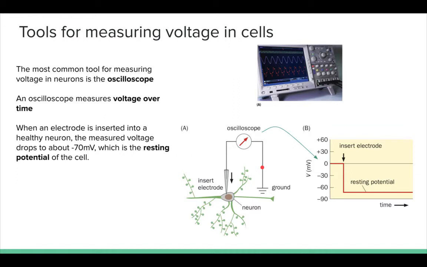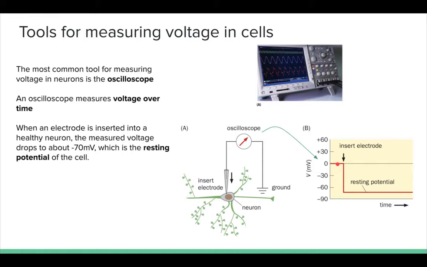And because the extracellular space is a conductor, and because charge flows easily within a conductor, we know that there's not going to be any net difference in charge between this part of the extracellular space and this part of the extracellular space here. They're all going to be at the same net charge, which means they're going to have no separation of charges, no voltage difference between them, and we're initially, before the electrode goes in, going to measure a voltage of 0.